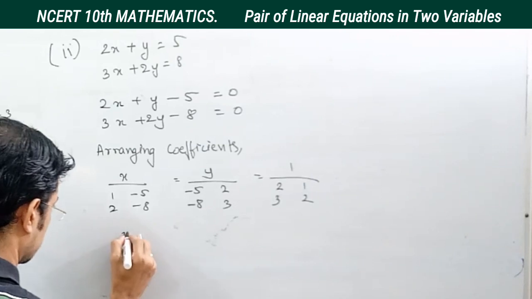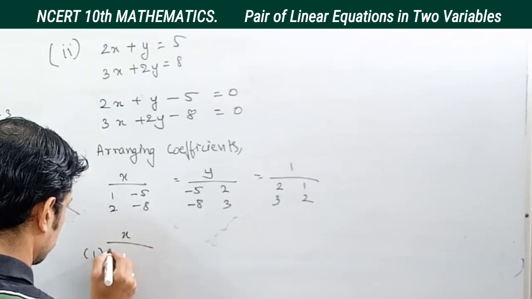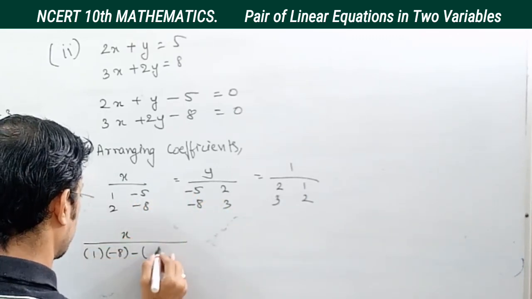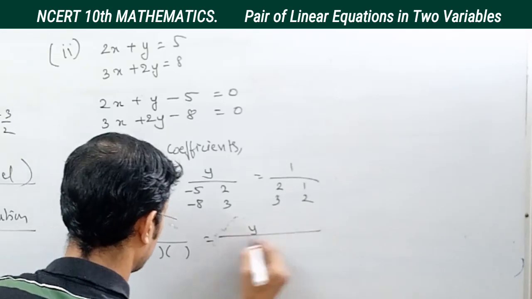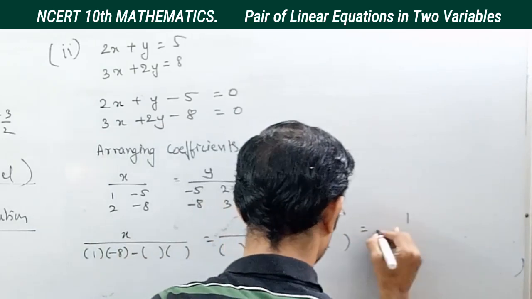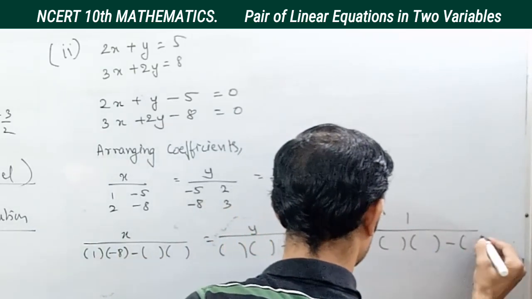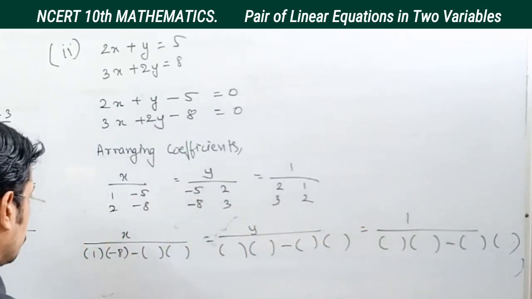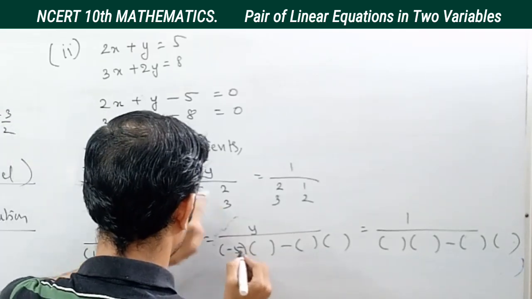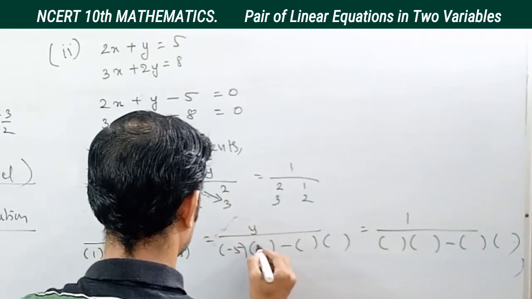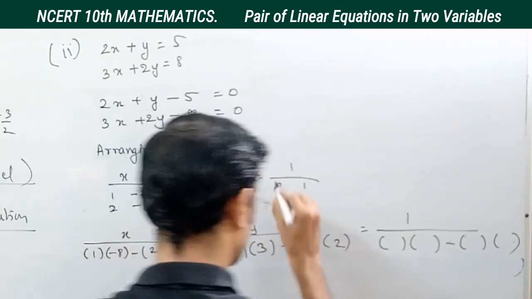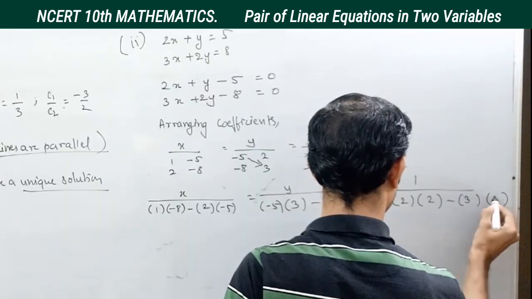So let us calculate. x by bracket equal to y by bracket, and this is again equal to 1 by bracket. This is 1 into minus 8, 2 into minus 5, minus 5 into 3, 8 into 2, 2 into 2, and 3 into 1.